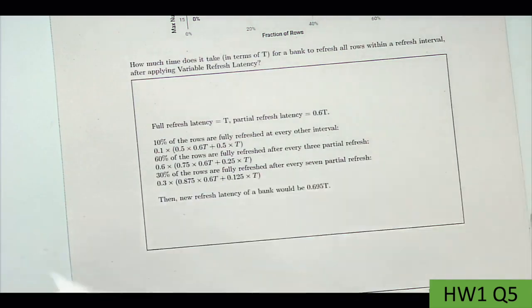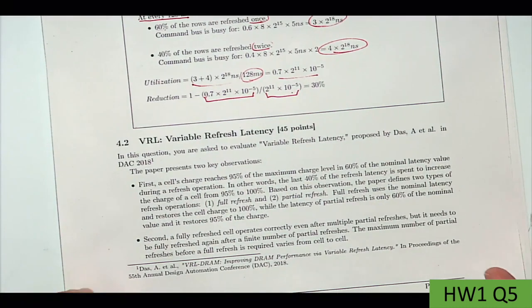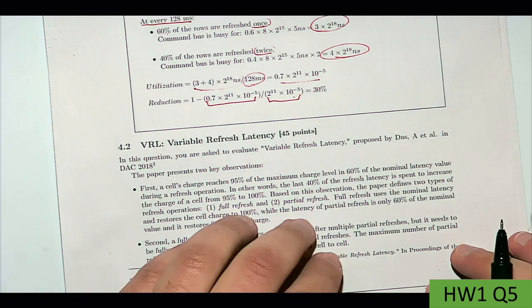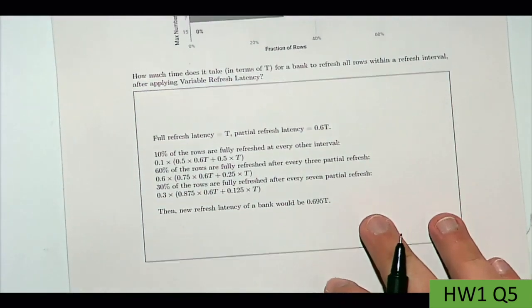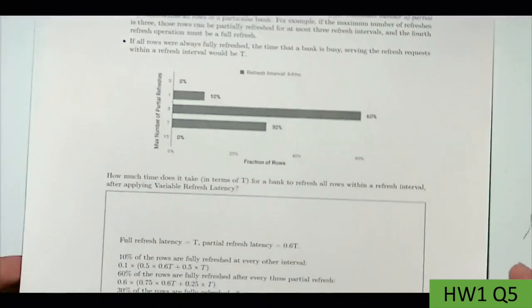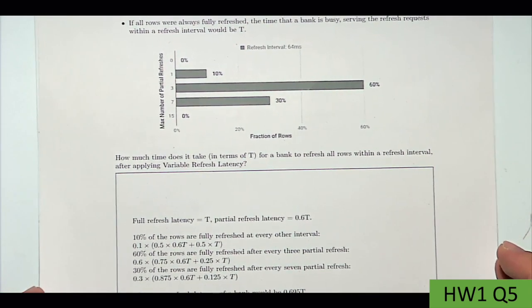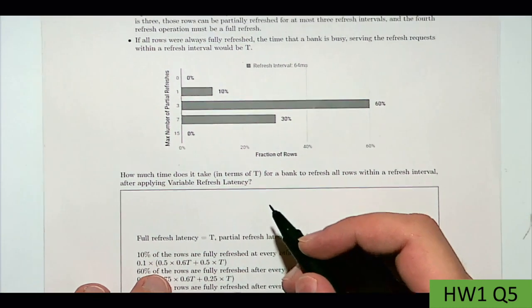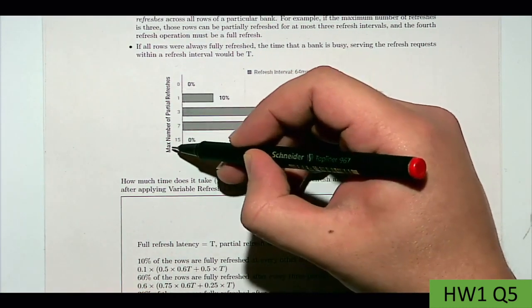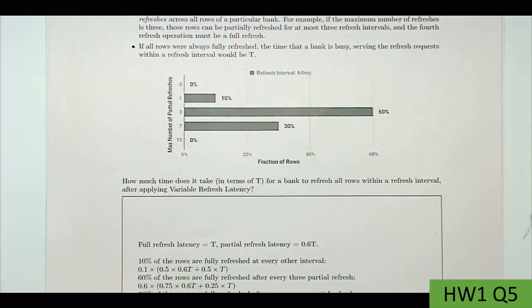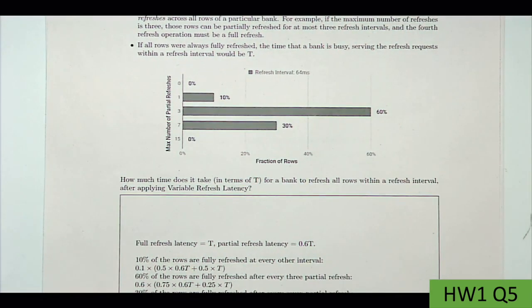The main observation was that you can get a pretty good restoration of the voltage level if you wait for just 60% of this latency instead of waiting for the whole thing. The remaining questions are going to be based on this observation. In the first one, we see a graph. On the y-axis is the maximum number of partial refreshes. When we use just 60% of the refresh latency, it means a partial refresh.